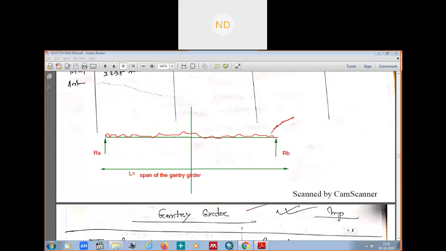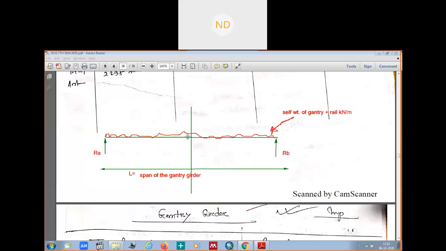So this is your self weight of gantry plus rail in kilonewton per meter.